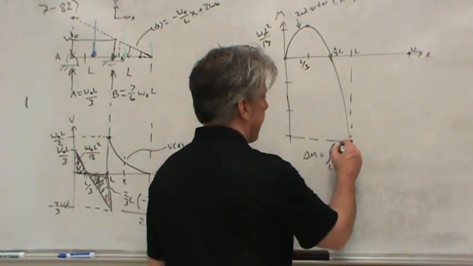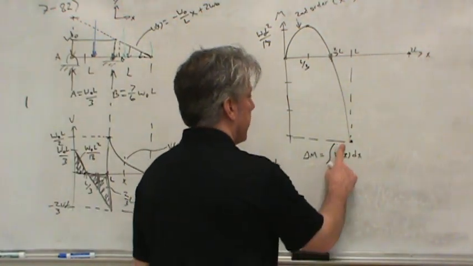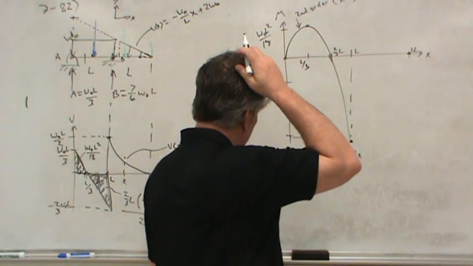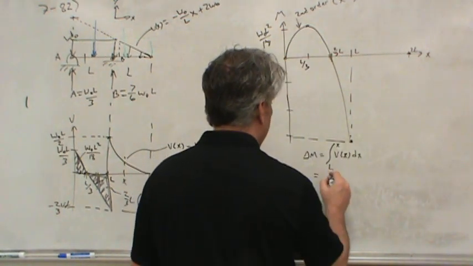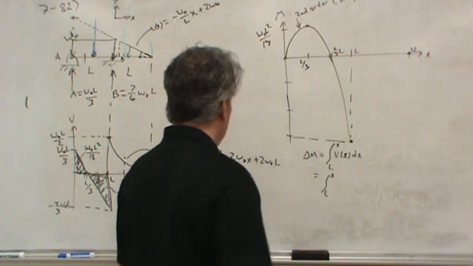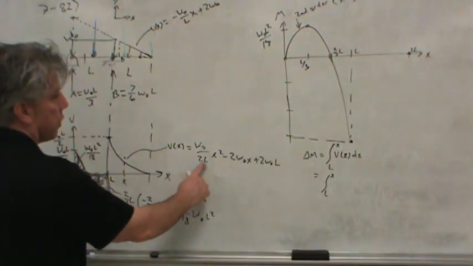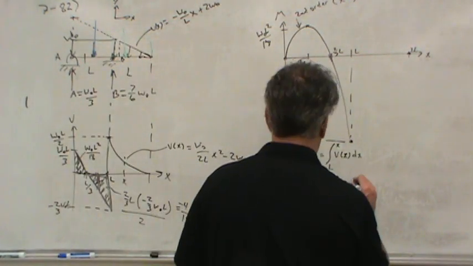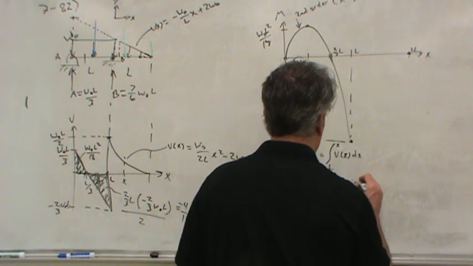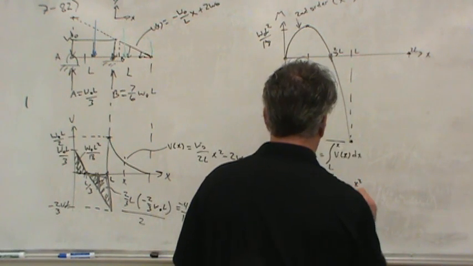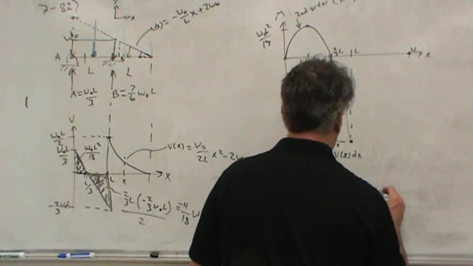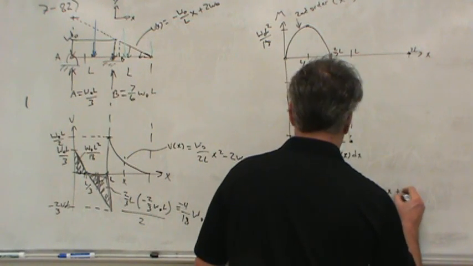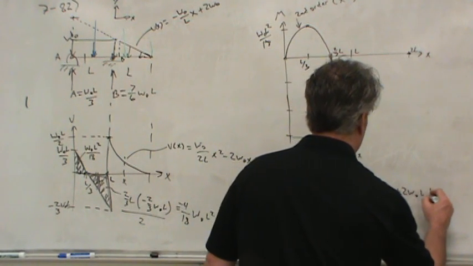Okay? So from L to X. Fortunately, we have an expression for the shear as a function of X position, so let's just plug it in. W naught X squared over 2L minus 2 W naught X plus 2 W naught L dx.